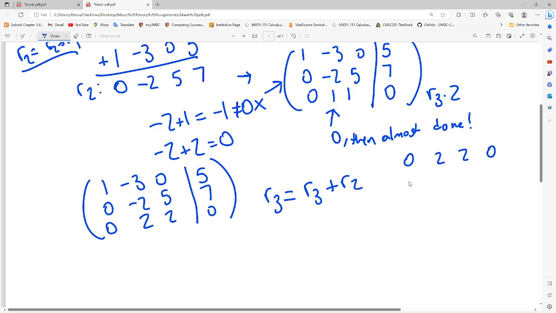We have row 2, which is 0, -2, 5, and 7. We want to add them together. 0 plus 0 is 0. 2 plus -2 is 0. 2 plus 5 is 7. And 0 plus 7 is 7. So this gets us our row 3.